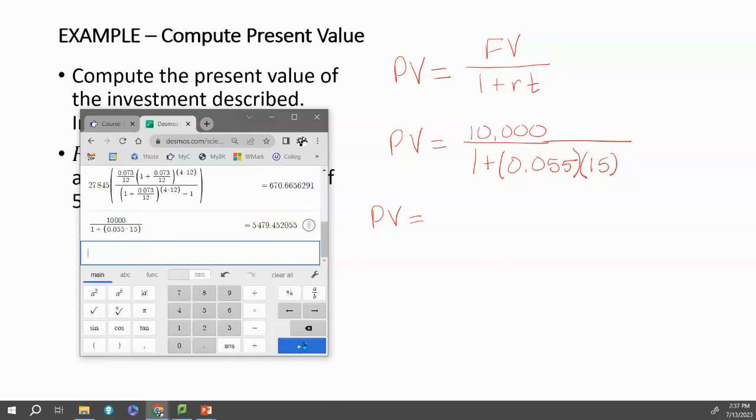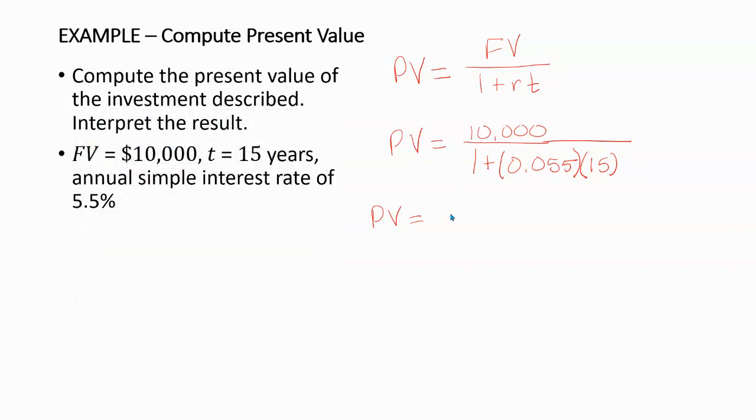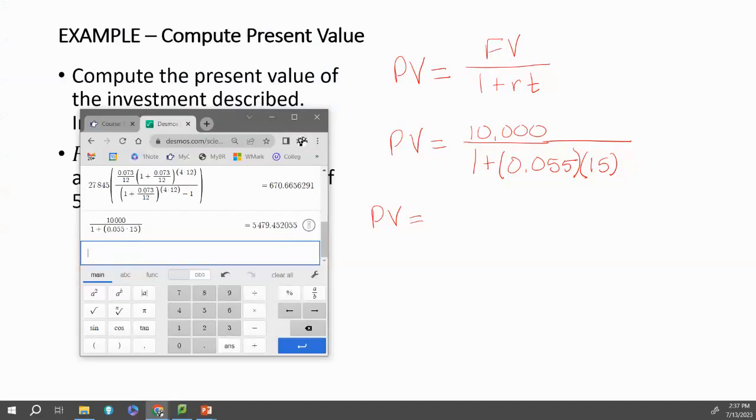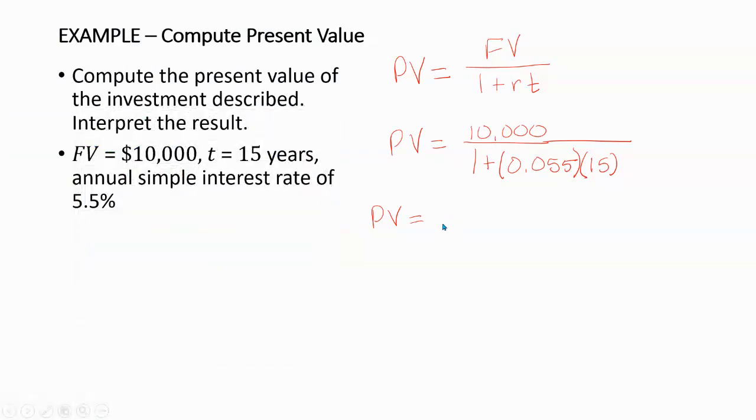And enter. And it looks like my present value is $5,479.45.